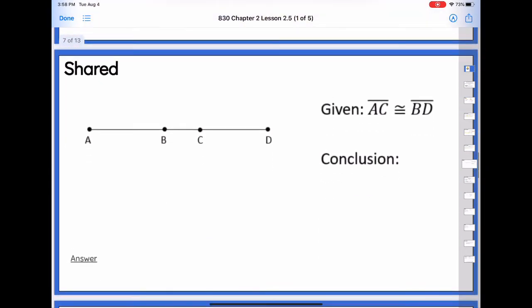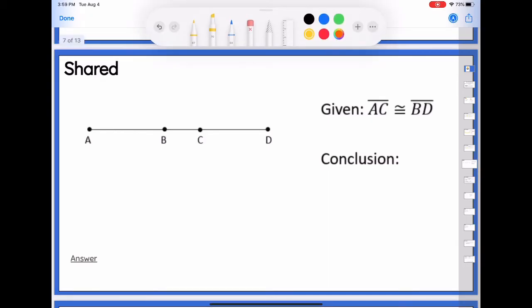Okay, how about another drawing conclusions example? Here I am given AC is congruent to BD. So this looks very similar to that first problem I gave you in the warm-up. But this time you're given that these two big parts are congruent. What could you conclude?